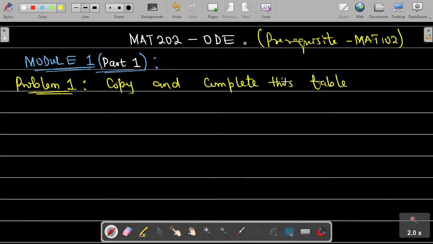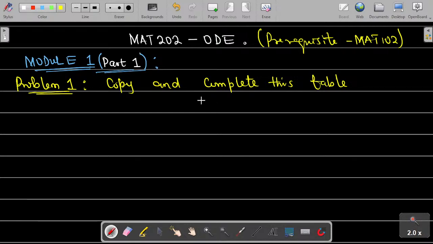Okay, so 102 is pre-calculus, so you can just say calculus, all right? Where you have functions, differentiation, that's differential calculus, integral calculus, and then we have conic sections there. But this particular course will lean on derivatives and integrals of functions.